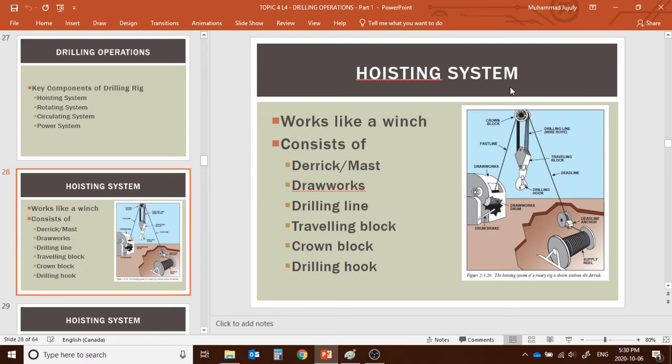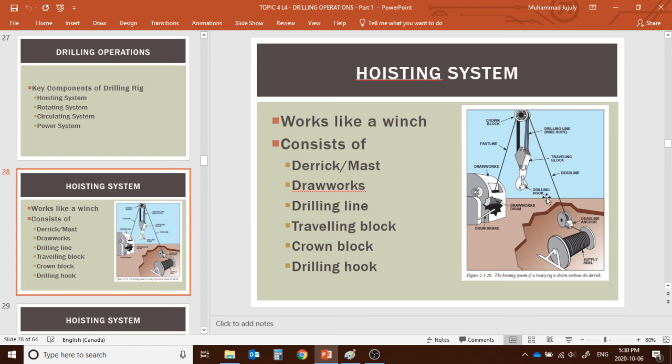Here the crown block is situated on either a derrick or a mast, and the drawworks is connected with the power train system. A motor moves, and the drawworks releases the cable.